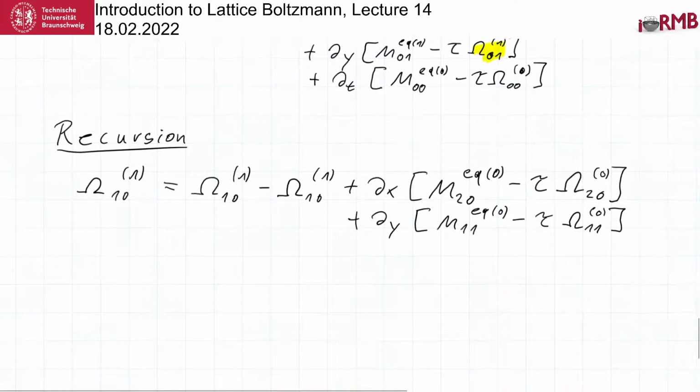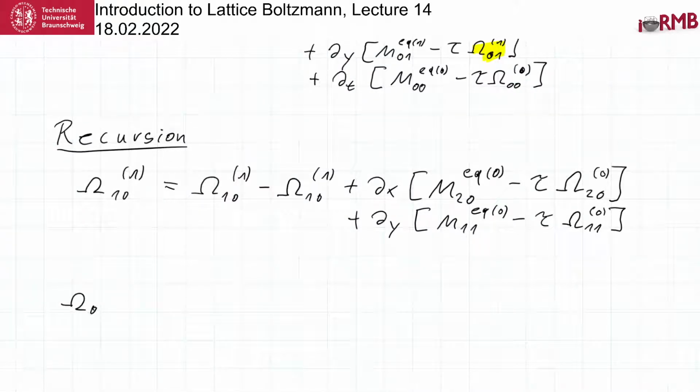And we'll need the other one too. Omega 0,1 is omega 0,1 first order minus omega 0,1 first order.